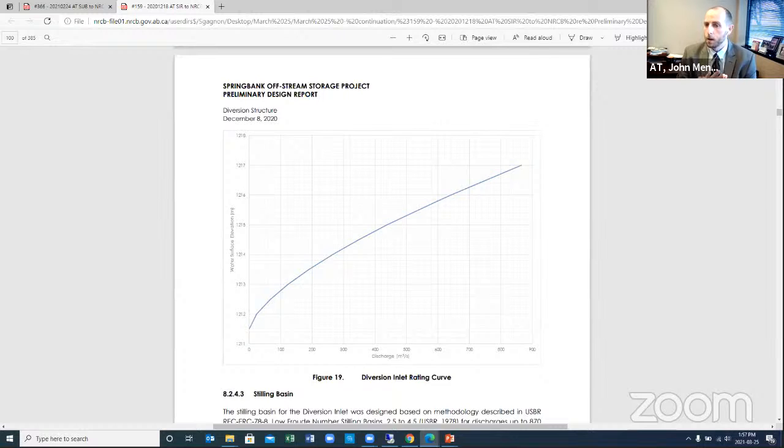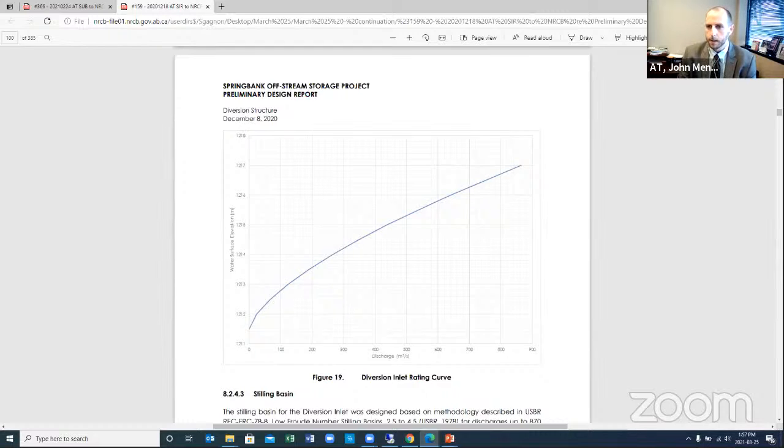That is measured at a distance far enough away from the structure that it doesn't have that drawdown effect. So in this case, it's about 20 meters or so upstream of the structure is what that elevation is in reference to. And then on the x-axis on the bottom is the discharge through that structure. So in this case, if you pick an elevation, we can pick 1213.